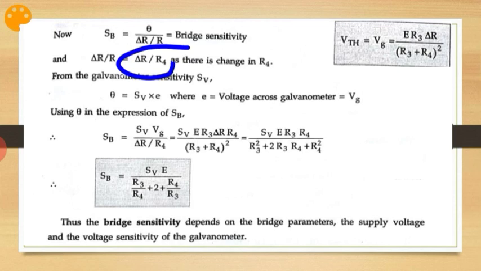Now from the galvanometer voltage sensitivity SV, theta is equal to SV into E, where E is the voltage across the galvanometer. So in place of E I will write Vg. Okay, so using theta in the expression of SB, SB is equal to SV into Vg divided by delta R by R4.